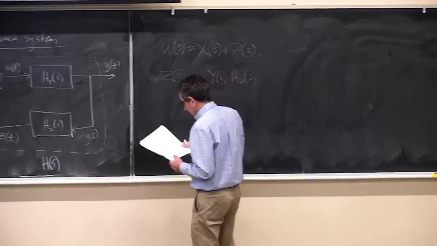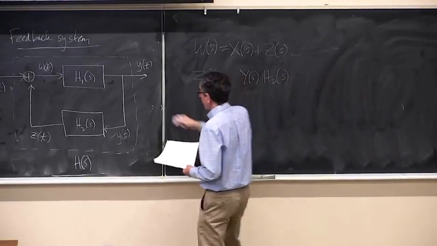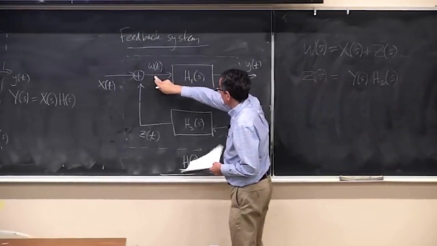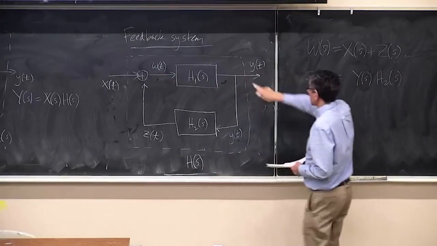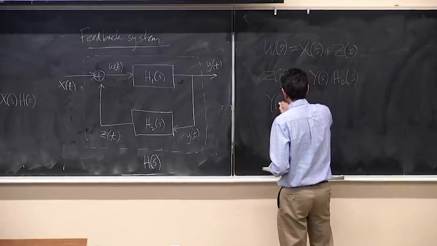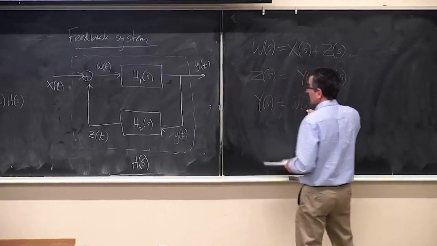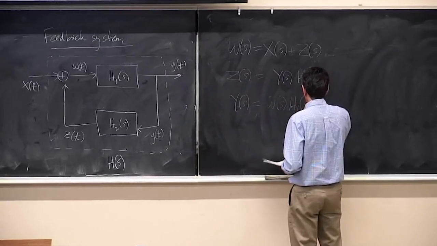Let's see, what else do we need? I guess we need to figure out what Y(s) is itself. Well, Y(s) is what we get when we put w(t) through the first system. So Y(s) is going to be W(s) times H1(s).